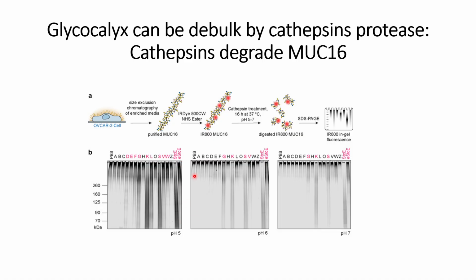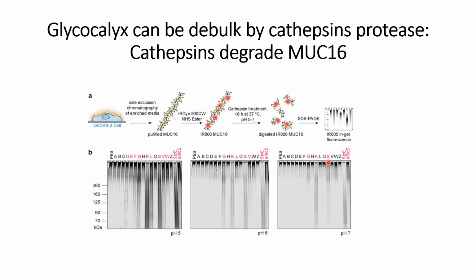Similarly, at pH 6, fewer proteases were found to be efficient: cathepsins G, K, S, B. And for pH 7, the proteases G, K, S were found to be more efficient.